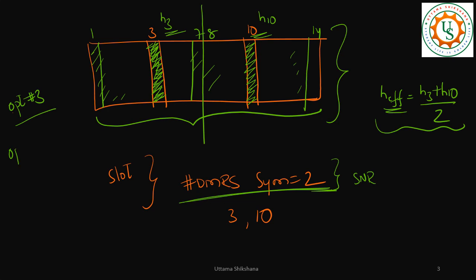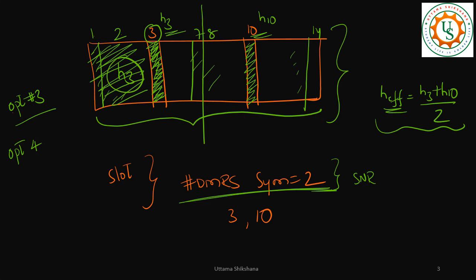So what about option number 4? Here you can see that the first and second symbols are close to the third symbol. For this one we can use channel estimation H3. I will write here H3.